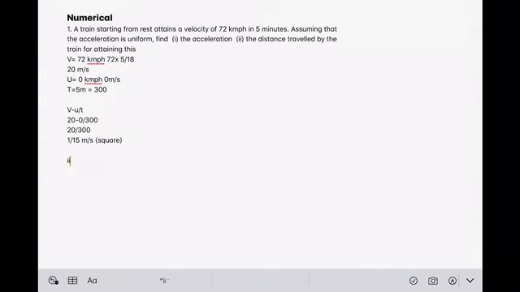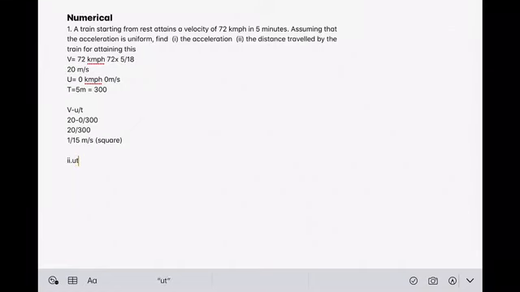Now let's find this. Like I said before in the equation of motion, we can find displacement using ut plus half at square. So let's do it, shall we?